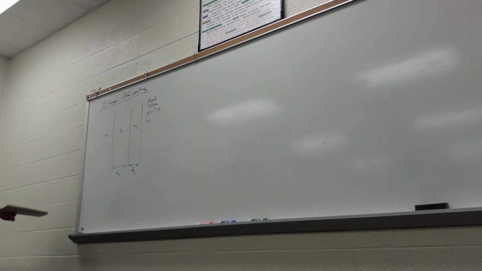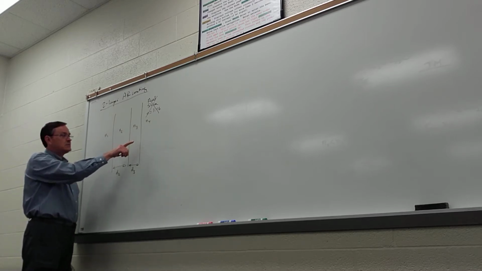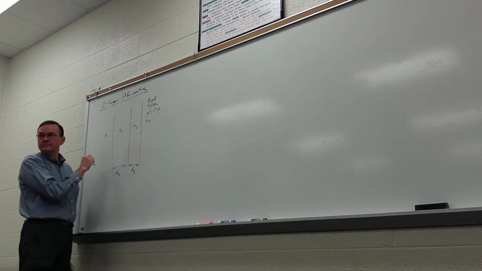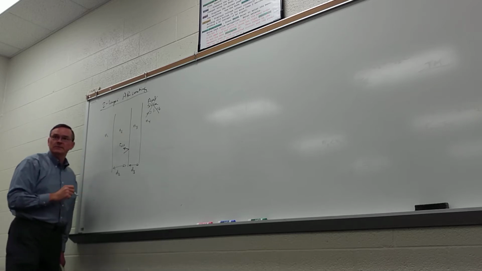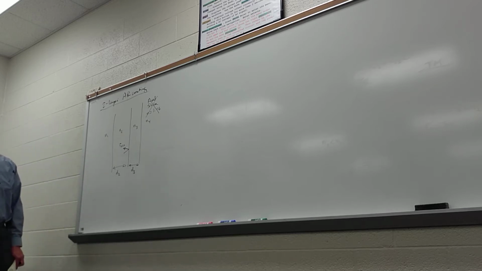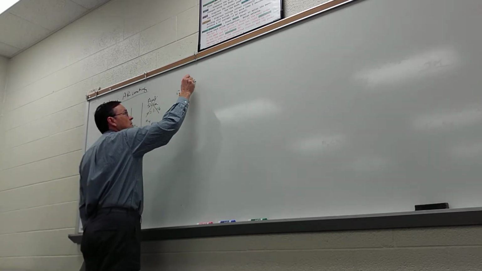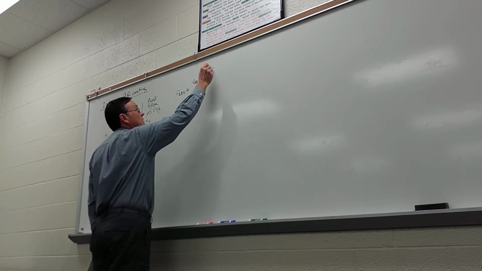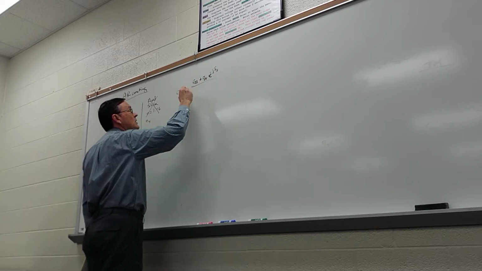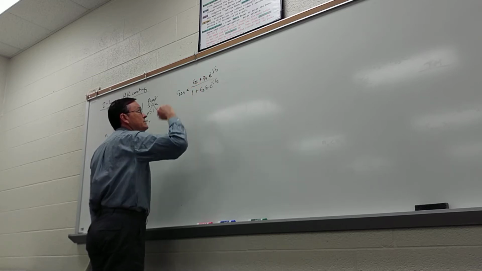Okay, we look at this system, and if we're in N2, looking this way, this is just a thin film on a substrate. So the reflection coefficient here is R234, where R234 is going to be R23 plus R34 e to the minus j delta 3, over 1 plus R23 R34 e to the minus j delta 3.